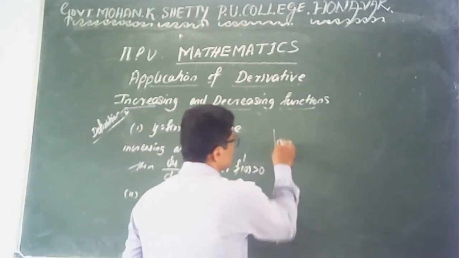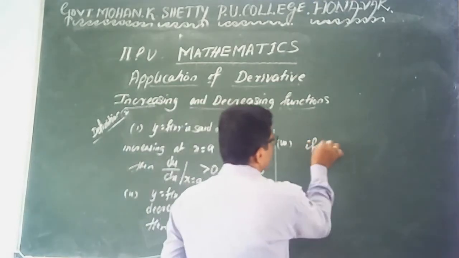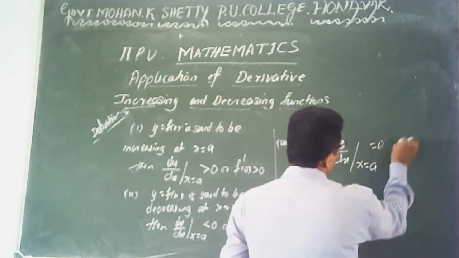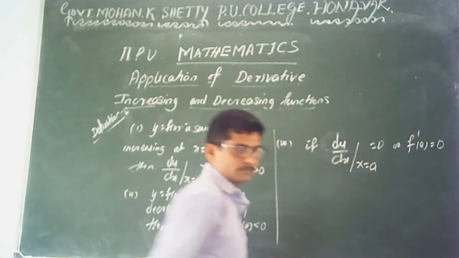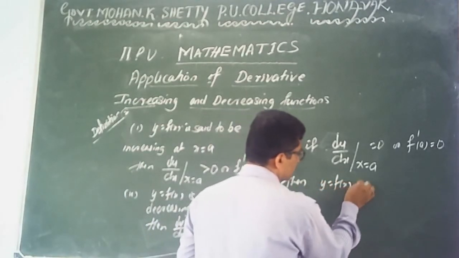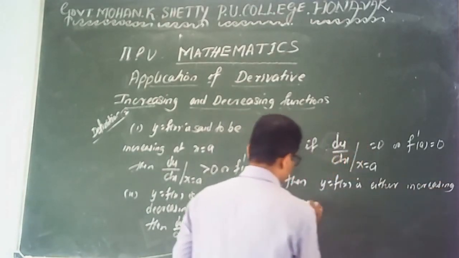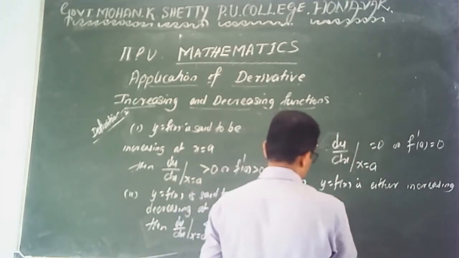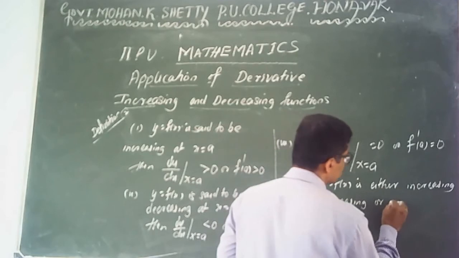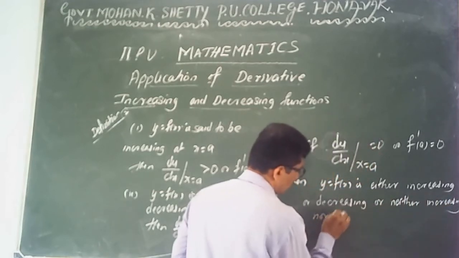Suppose here the third case, neither increasing nor decreasing, decrease to increase or increase to decrease, if f dash or dy upon dx at the point x is equal to a is 0, or f dash a is equal to 0, then you can say that y is equal to f of x is either increasing or decreasing, or you can say that neither increasing nor decreasing.